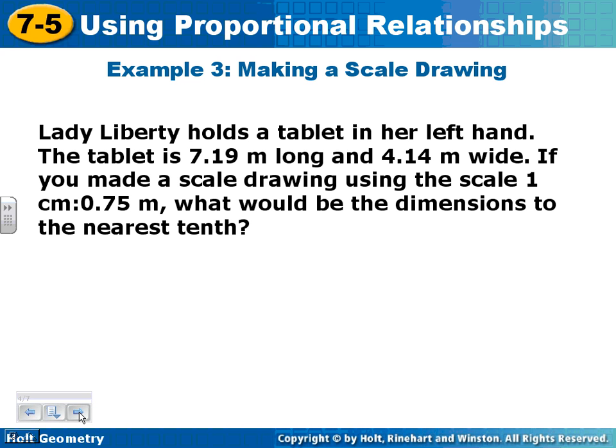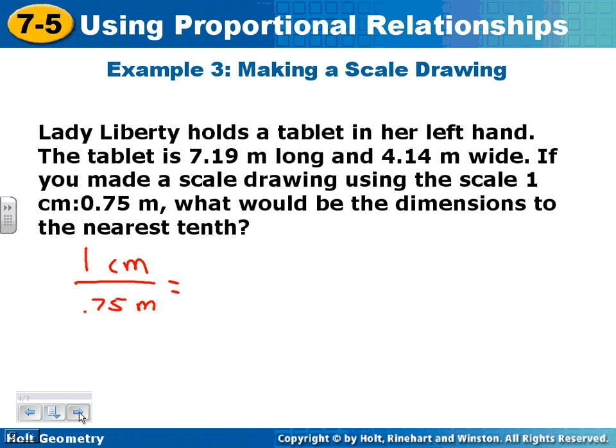If you made a scale drawing using the scale of 1 centimeter to 0.75 meters, what would be the dimensions to the nearest tenth? Well, you need to do this problem twice, one for the length and one for the width. So I will start off. My scale factor is 1 centimeter to 0.75 meters.